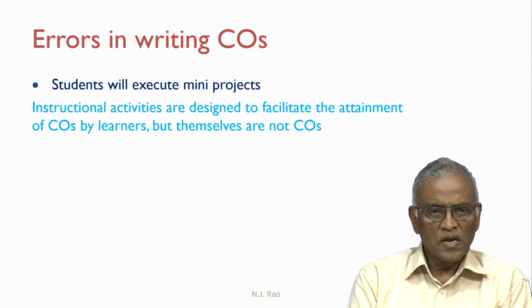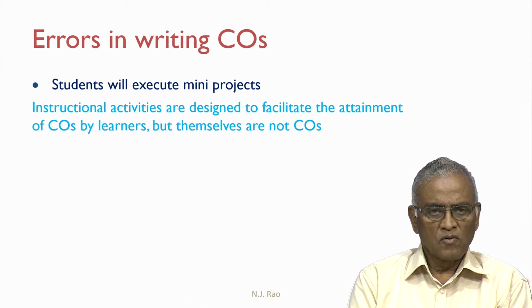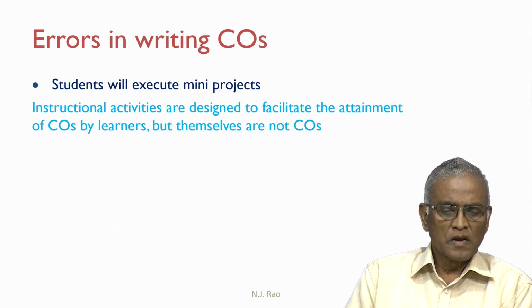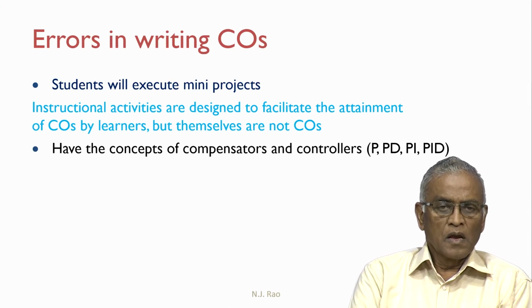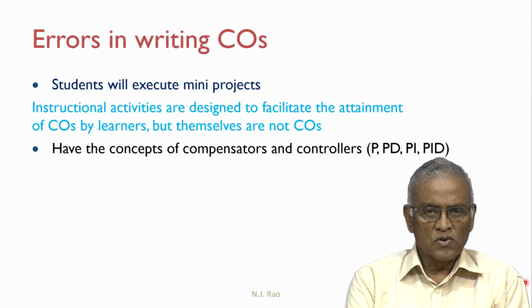So, it is only a process and not something that needs to be attained. So, this is a process statement rather than a CO statement. Have the concepts of compensators and controllers.